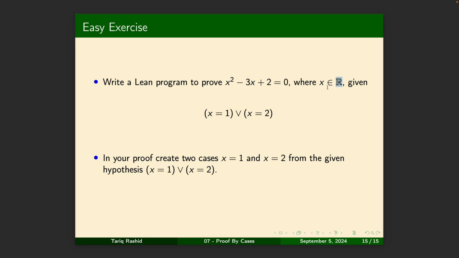Here x is real, so not an integer. Although for this particular problem I don't think it matters too much. And we're given a disjunctive hypothesis that x is 1 or x is 2. Now in our heads we can plug x is 1 in, so 1 minus 3 plus 2 is 0, and we can test this one as well. 2 squared is 4 minus 6 plus 2 is 0.